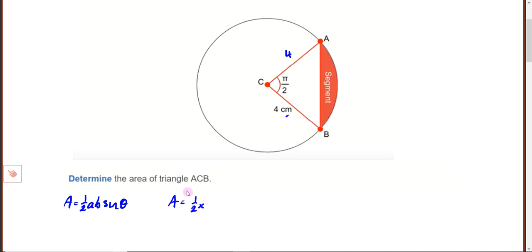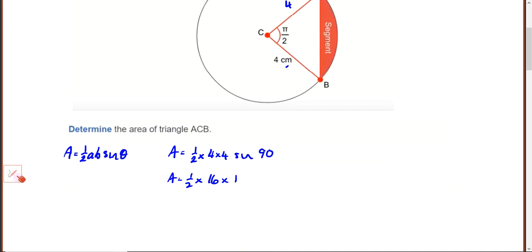This is also 4, so that's 4 times 4, and then sine pi over 2, or you can understand that that's sine of 90. So we've got a half of 16, and sine of 90, hopefully you'll know, is 1, or you can use a calculator to find that. So the answer is 8.